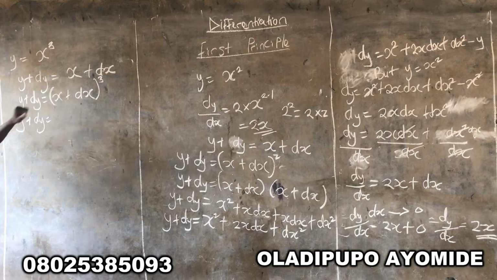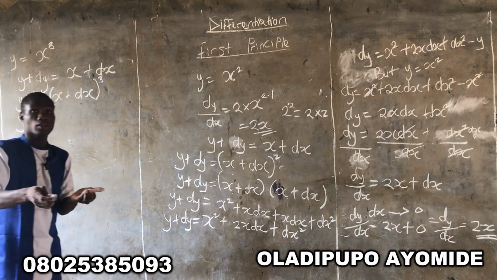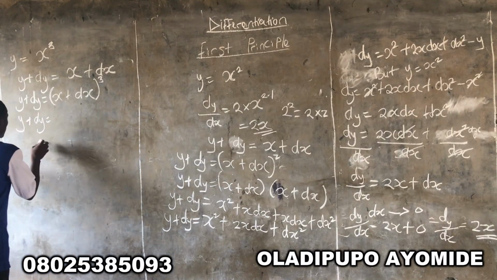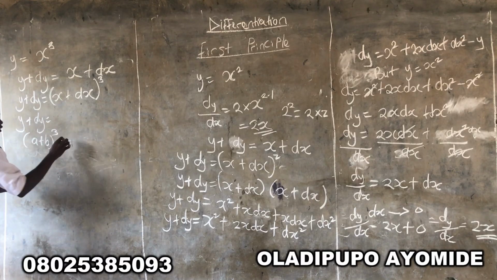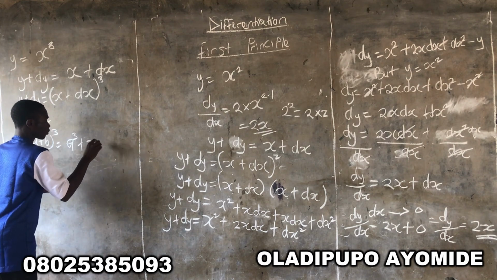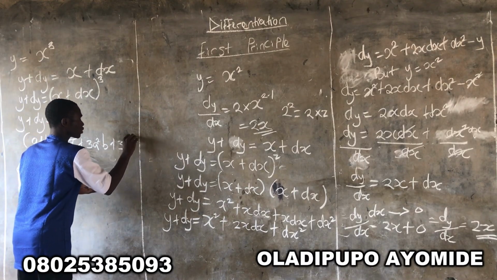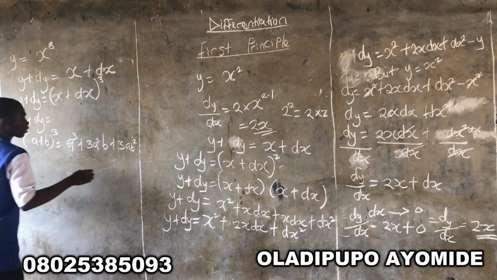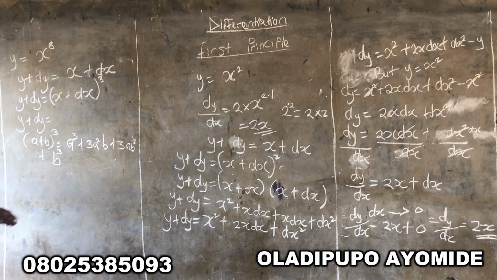Using the binomial expansion formula, (a plus b) raised to power 3 is equal to a raised to power 3 plus 3a squared b plus 3ab squared plus b raised to power 3.